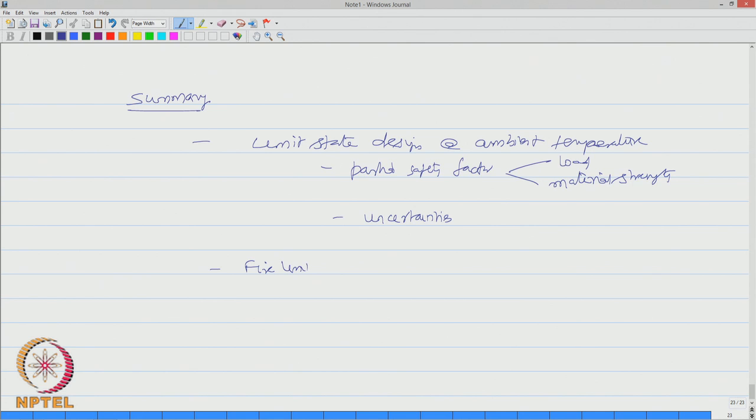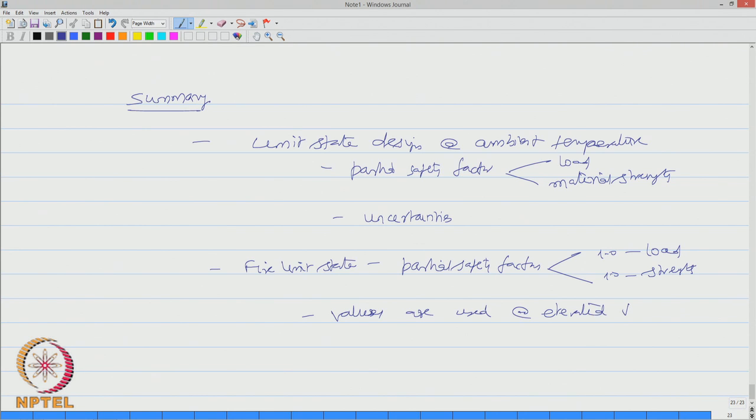Whereas, the fire limit state can also be a similar procedure, but uses again partial safety factors which are closely reduced to 1.0 in both loads and strength, but values are used at elevated temperatures.